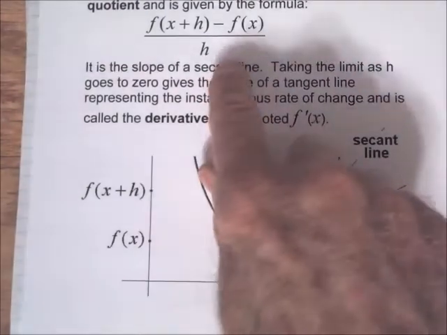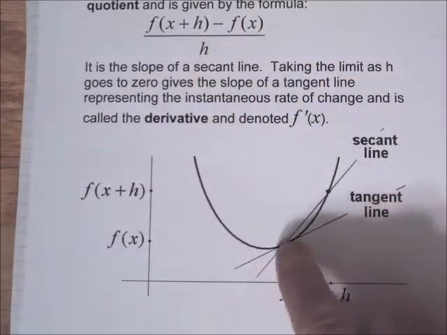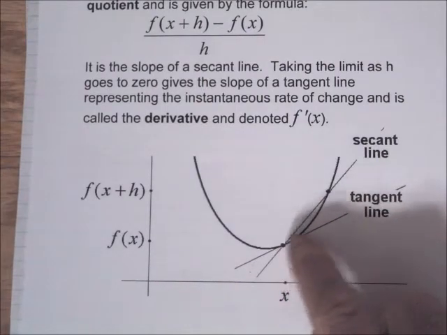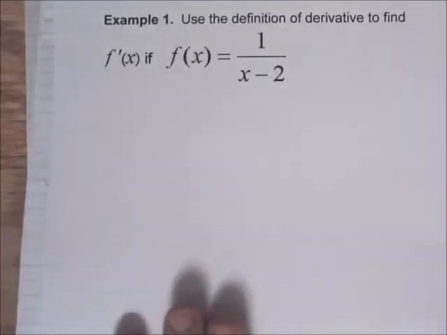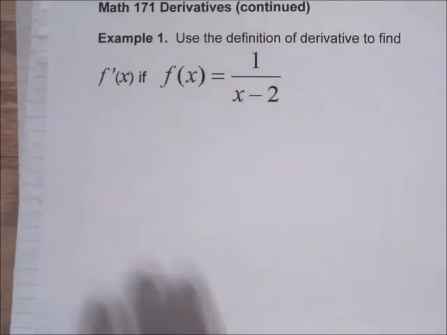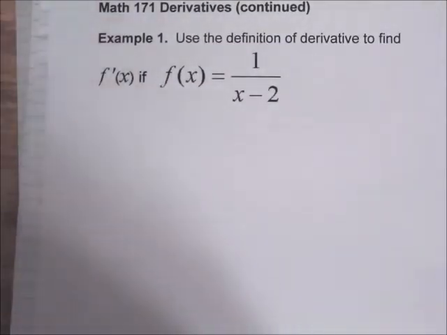And then if we take the limit as h goes to 0, we get the slope of the tangent line, which represents the instantaneous rate of change. So anyway, in this example here, we have a function f of x equals 1 over x minus 2, and we want to find the derivative.